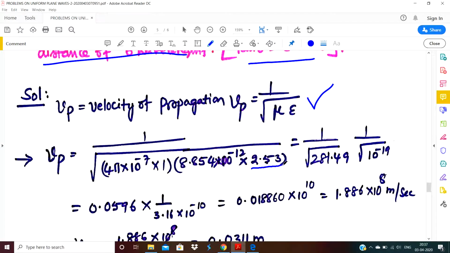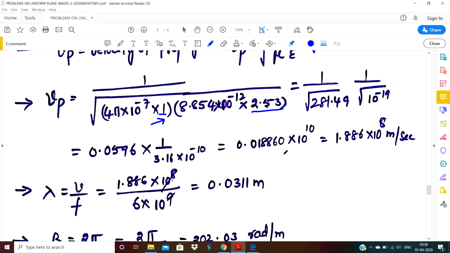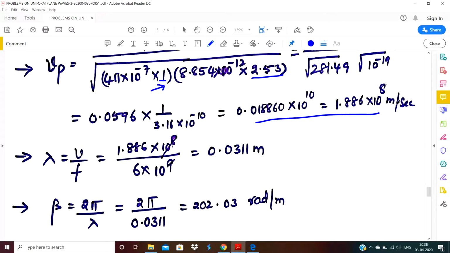Relative permittivity they have given as 2.53 for the rexolite dielectric material, but relative permeability they have not mentioned. If they have not mentioned, by default we have to assume relative permeability equals 1. So this gives us these values, and by simplifying this, the phase velocity Vp equals 1.886 into 10 power 8 meters per second.